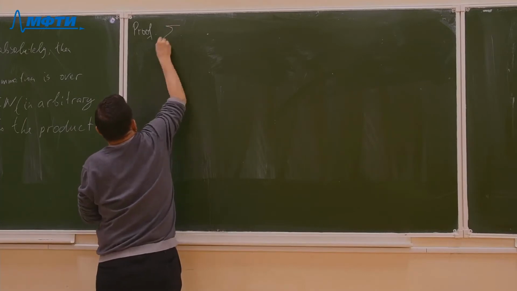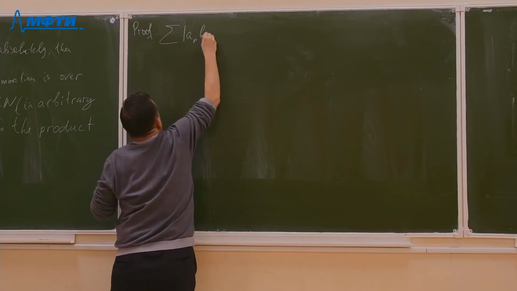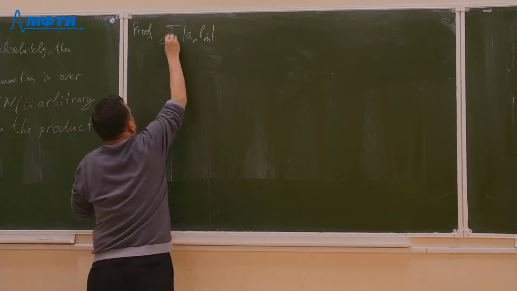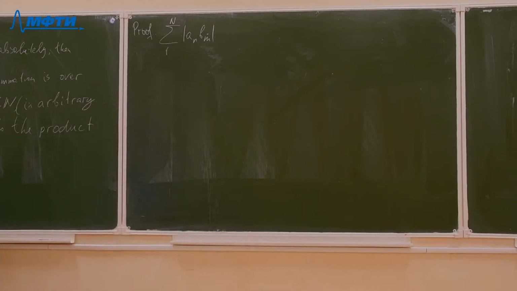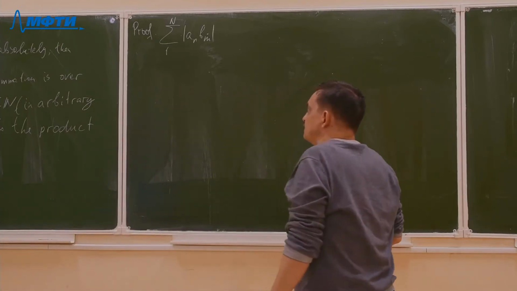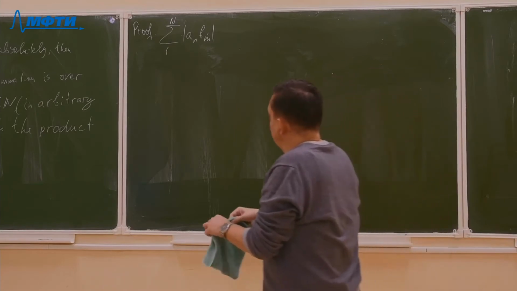So we consider a partial sum. I'll write from 1 up to capital N. And how can we estimate it?